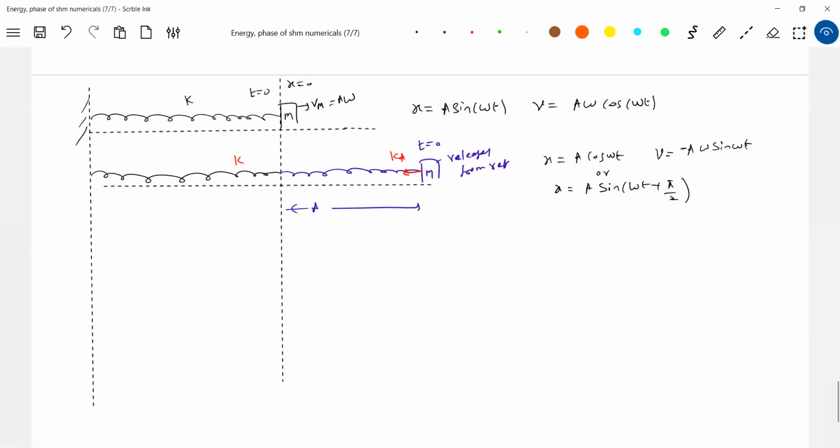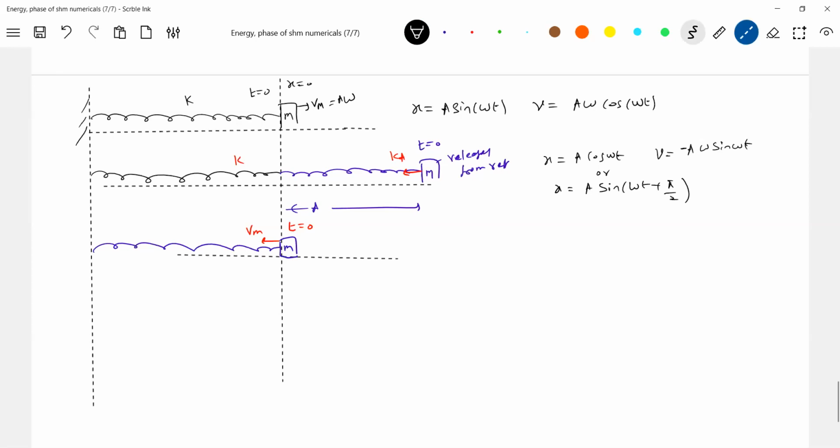Now I think you're in a very good position to write this equation. I'll define this as t equal to 0. Okay, tell me, what is the equation you're going to write?